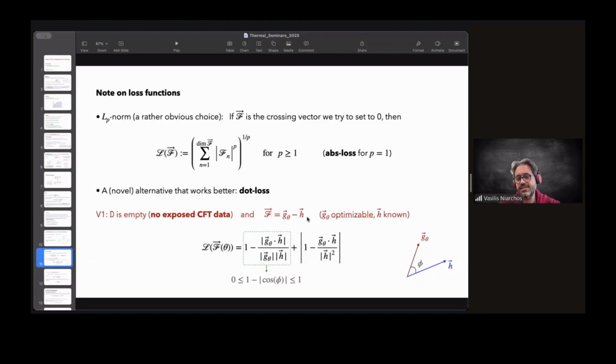So I'm splitting the directions of this vector into normal to h and parallel to h. For the normal part, I'm trying to set this angle to 0, or if you want, I'm computing the cosine and trying to set it to 1. Because there's a dot product appearing here, we call this the dot loss.